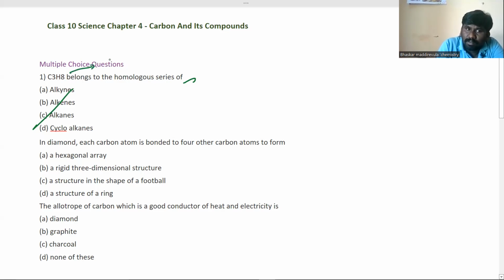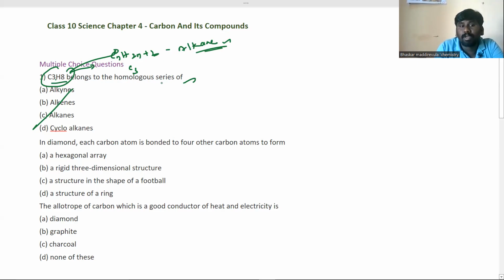We can write this in the general formula CnH2n+2, where the number of carbon atoms is 3. So C3, 6 plus 2 is 8. This compound fits the general formula CnH2n+2, which is the general formula of alkanes. So this compound belongs to the homologous series of alkanes. We have to be careful.